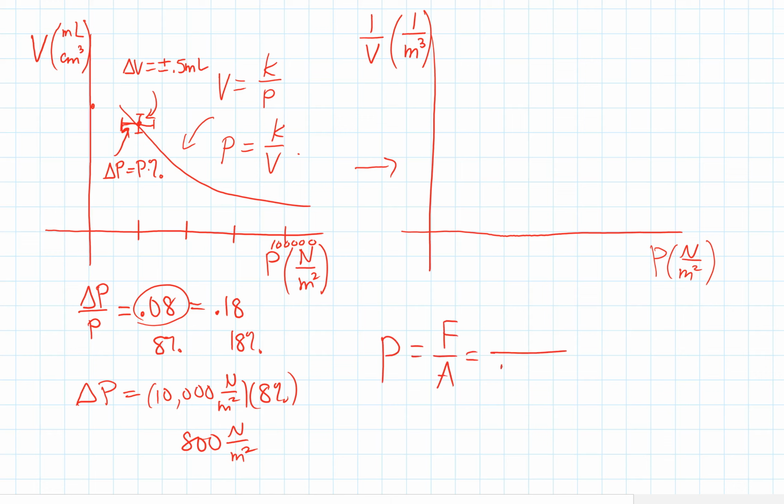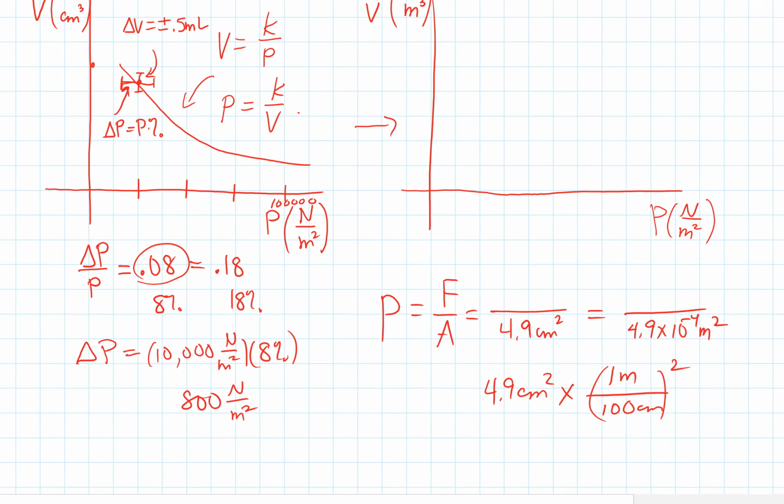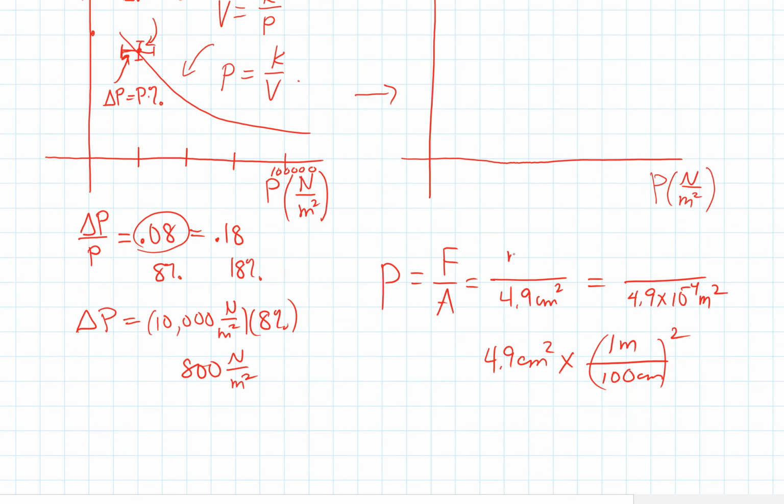So if you're dividing by 4.9 centimeters squared, that's not good enough because you need it in meters. So 4.9 times 10 to the minus 4th meters squared. How do we get that? Well, you have to multiply by 1 meter over 100 centimeters and then square that. Okay, and then force is mg, like we talked about previously.